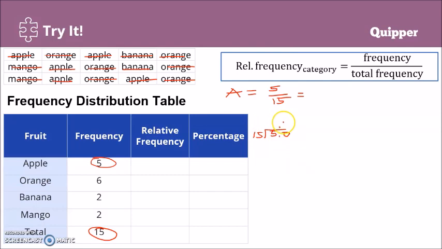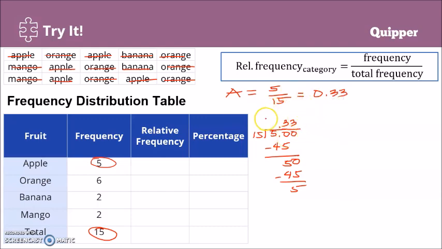So, ilang 15 sa 50? May 3, diba? So, that's 45. I-minus natin yan. That's 5. We add another 0. 50 ulit. That is still 3. And so 3 times 15, that's 45, and 5 ulit, and so on. 0.333 yan. So we can have this as 0.33.